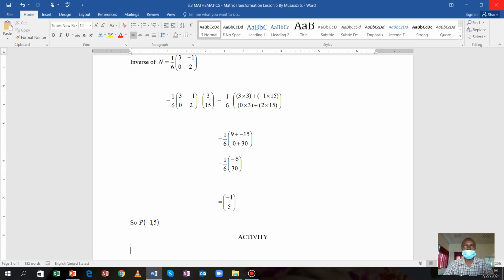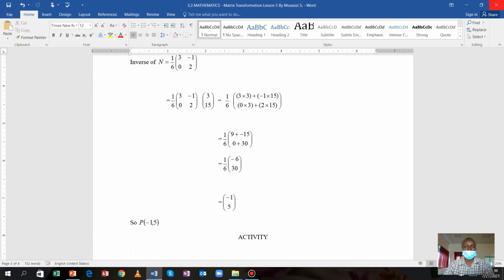You know how to find the matrix, we did it the other time, so follow the lessons. Then lastly, you may be asked to find the object, which is what you have just looked at. Find the object points, whether there are many points or just one object point, like in this last example.